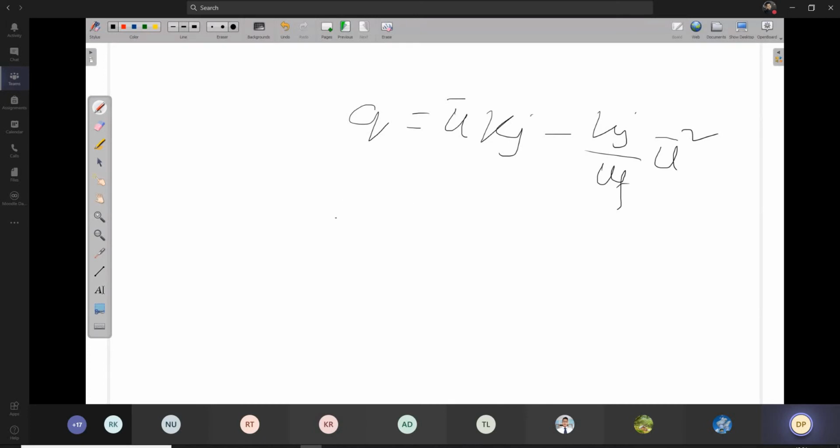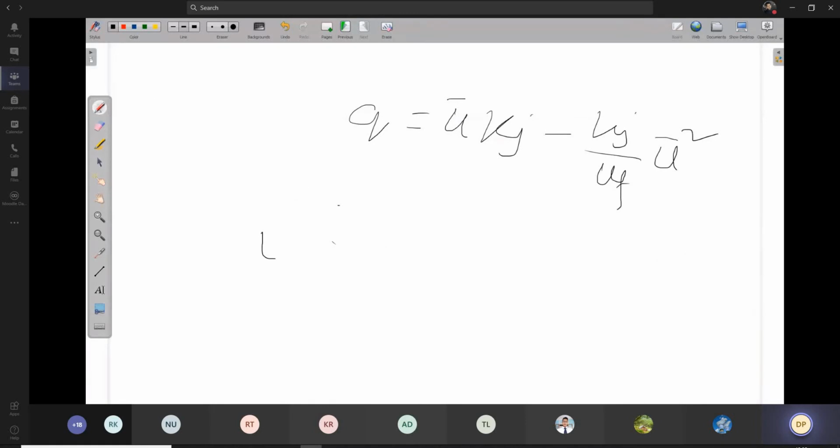In another way also you can write this equation.